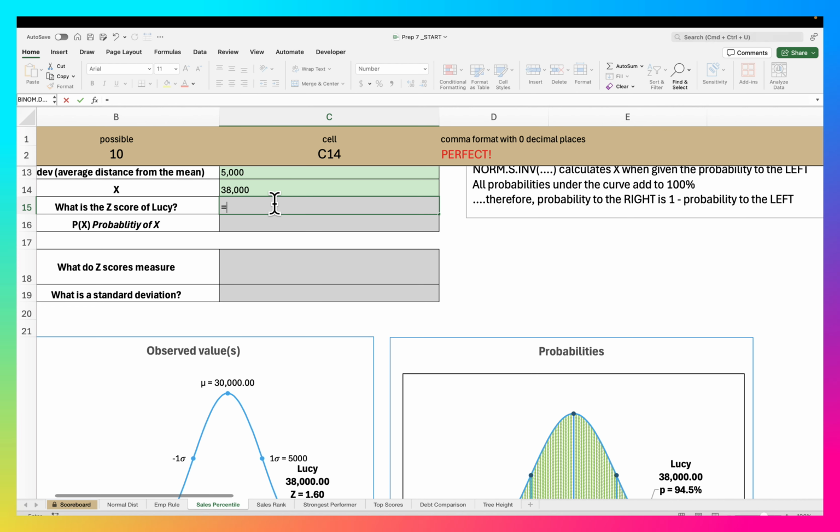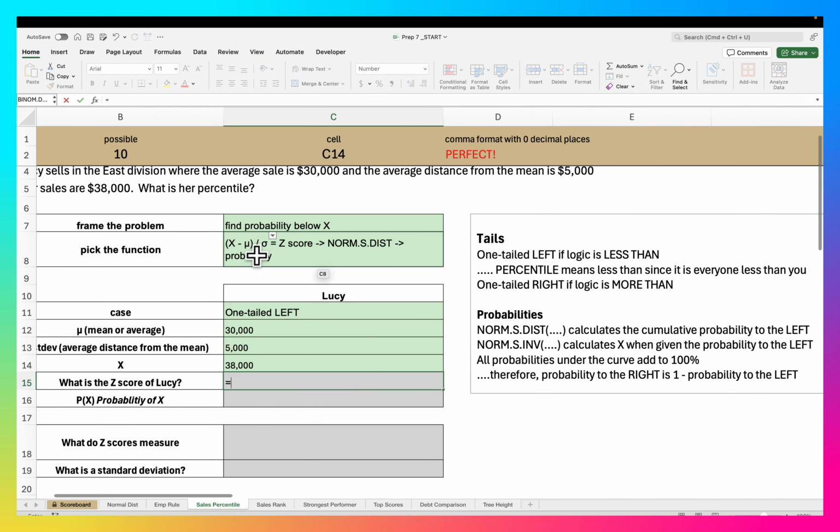All right, it's going to be equal to, and now here we look at our strategy that we got here on the pick the function. So we take x, which is this number, minus mu, which is that number, and we're putting it in parentheses just like up here, and that's really important because if we don't, then the division won't come out right.